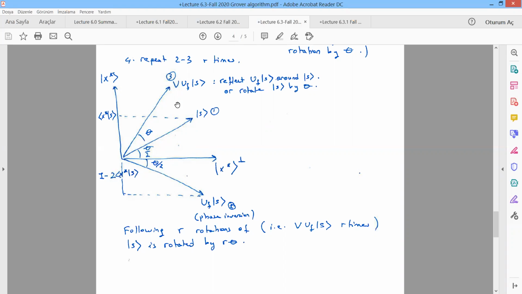And then you apply V times U sub f ket S. Now this is a reflection of the new vector around ket S. In other words, you add another theta degrees of angle. So each time you apply the circuit, you are moving this ket S state closer and closer to the ket x star state, which is the desired solution.